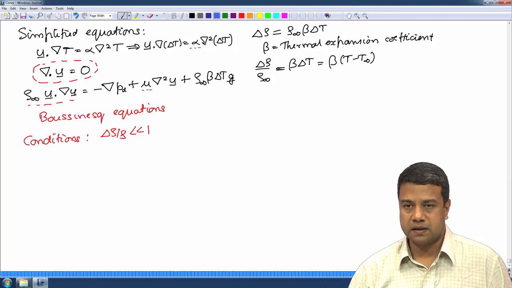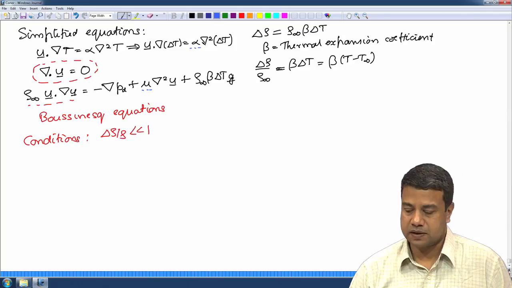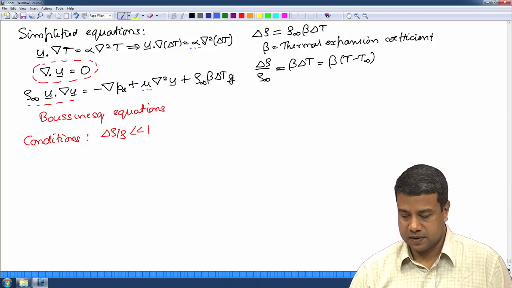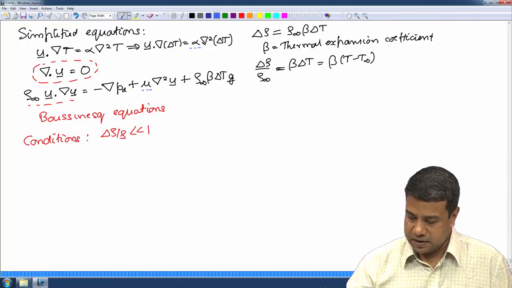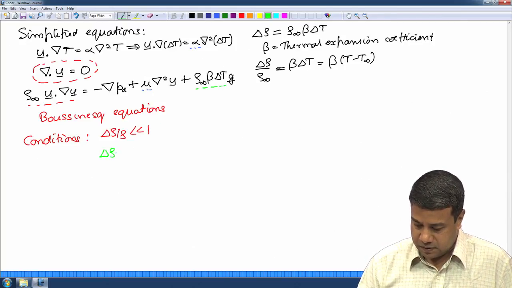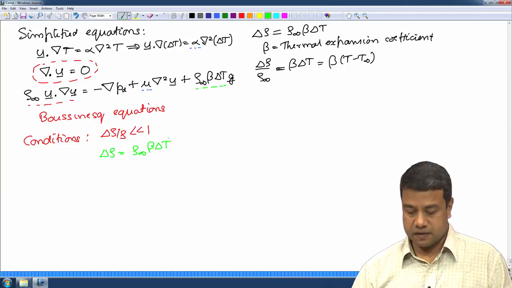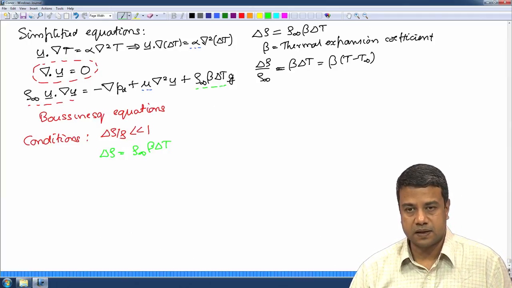Therefore, we have neglected the temperature variations of the energy diffusivity as well as the momentum diffusivity in this case. And the last assumption that I have made is that delta rho is equal to rho infinity beta delta T, a linear variation of density with temperature.